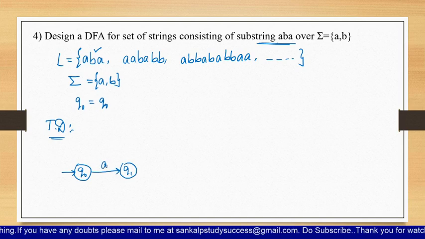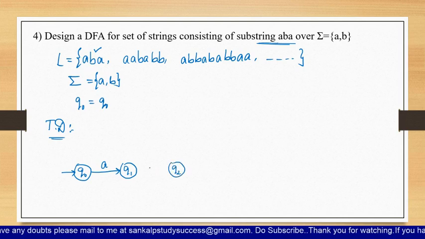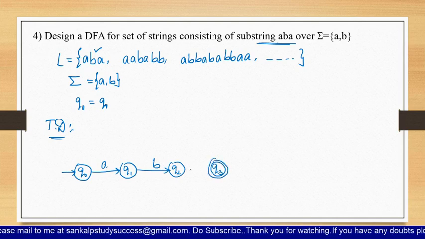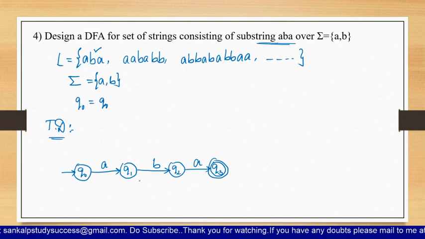If you apply A to Q0, it reaches Q1. Then we apply B, wherein it will reach Q2. And then if you apply A to Q2, it should reach Q3, and it should be the final state, right? Because ABA is the substring which should be accepted. That means ABA is accepted in this case.